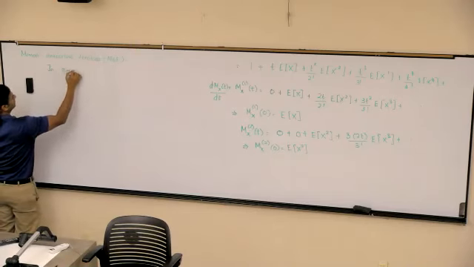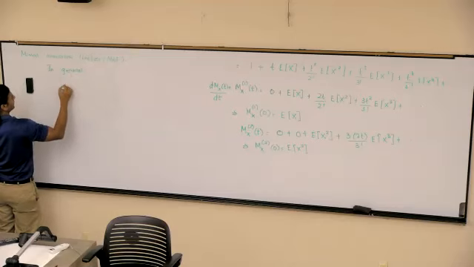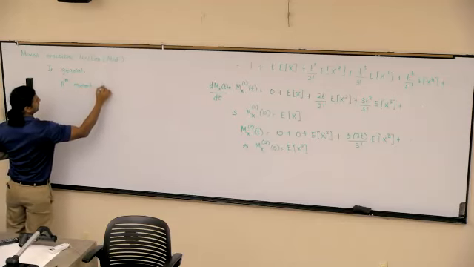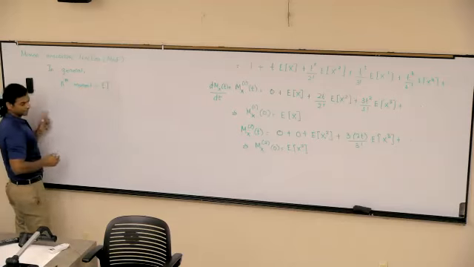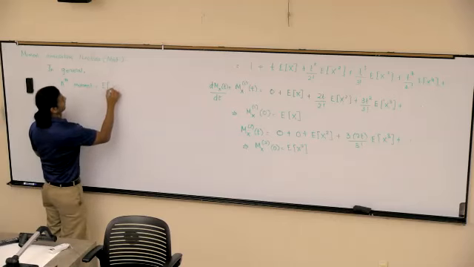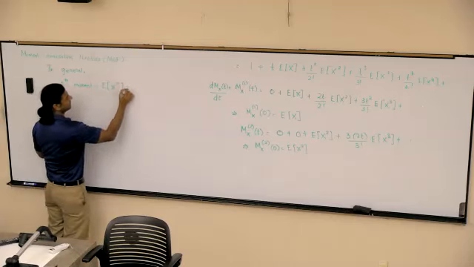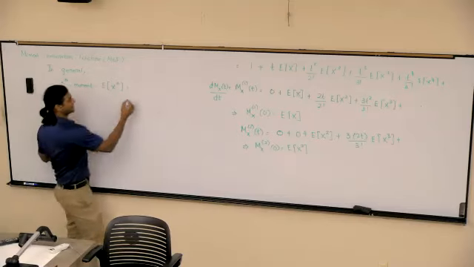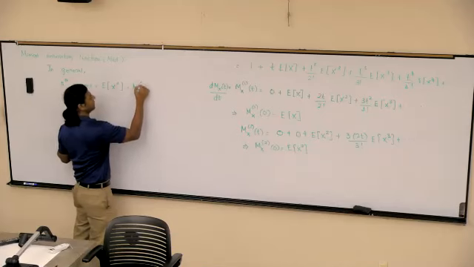In general, the nth moment, the expectation of X raised to n, is simply equal to the nth derivative of the moment generating function evaluated at 0.